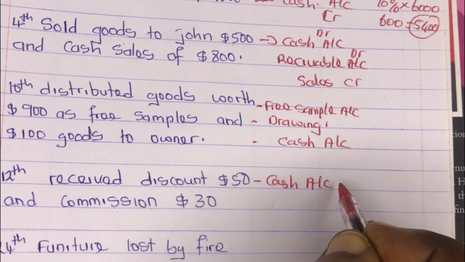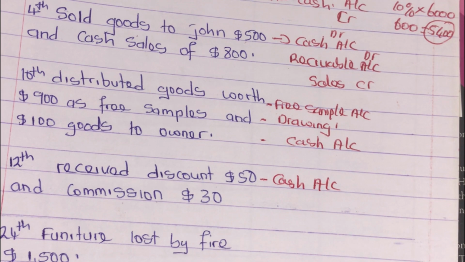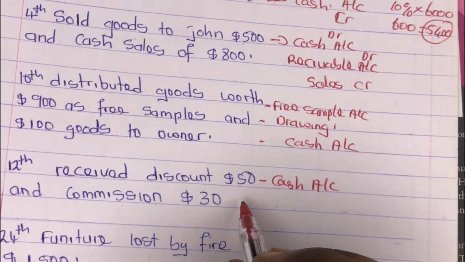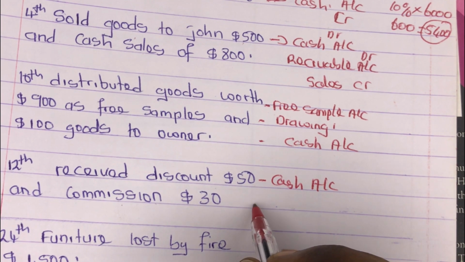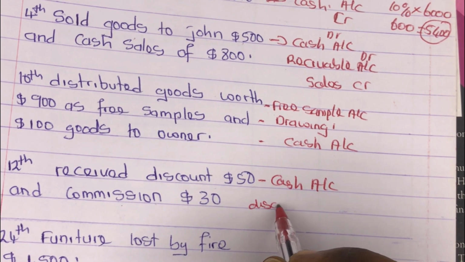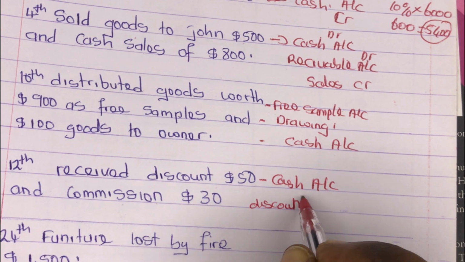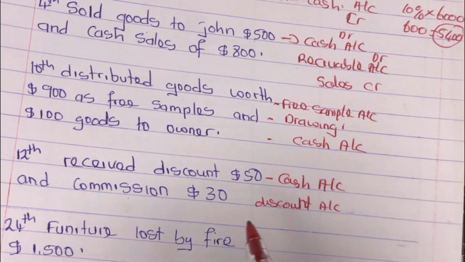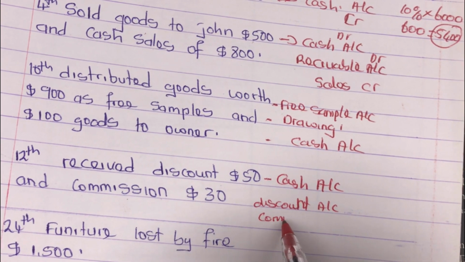We have the cash account, and the next account is the discount account, and the commission account.